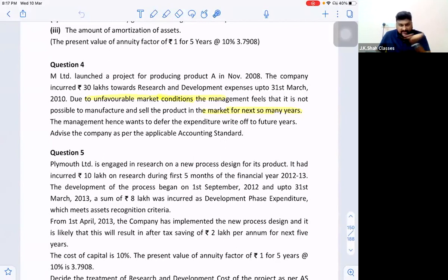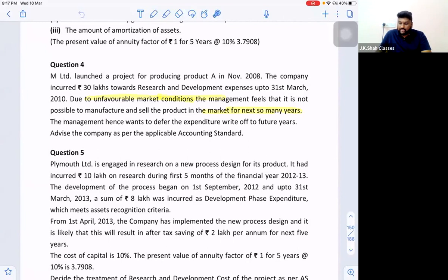But here it is clearly written in the question that we are not expecting a market for our product in the next so many years. So technically our product doesn't have future economic benefit generating capacity. Hence it cannot be recorded as an intangible asset. It has to be written off immediately. So the entire 30 lakhs should be written off immediately.